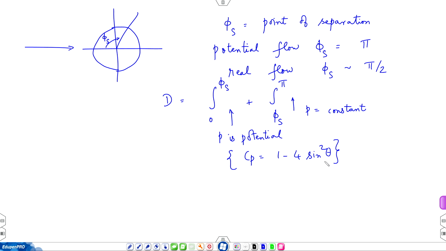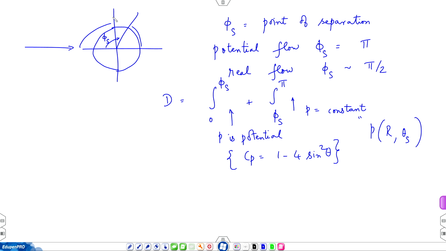Okay, and what is that constant value? It is the value of pressure at the point of separation. So, this is equal to P at theta s, that is the value of theta at the point of separation. Okay, and this will turn out to be non-zero, which you can imagine, because on the rear side there is low pressure, on that side there is high pressure, giving rise to a net force acting on the cylinder.